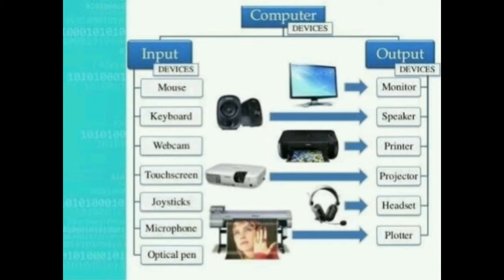Okay, now about mouse. What is a mouse? A mouse is a pointing device. It helps in dragging and dropping an object. A mouse has 2 or 3 buttons.